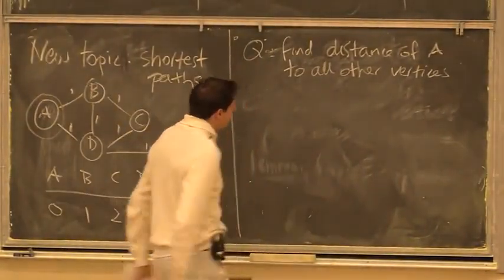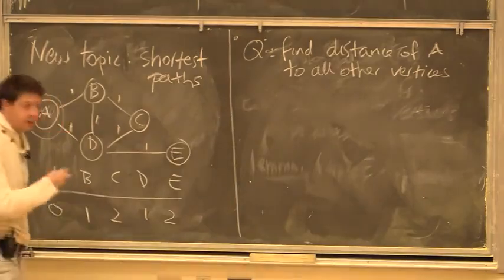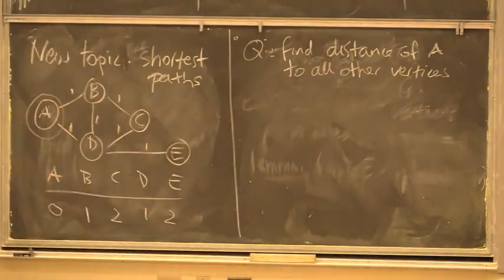Does anybody have any idea of how we might go about doing this in a generic graph? Yeah, so BFS, so-called breadth first search, is the algorithm that does that.